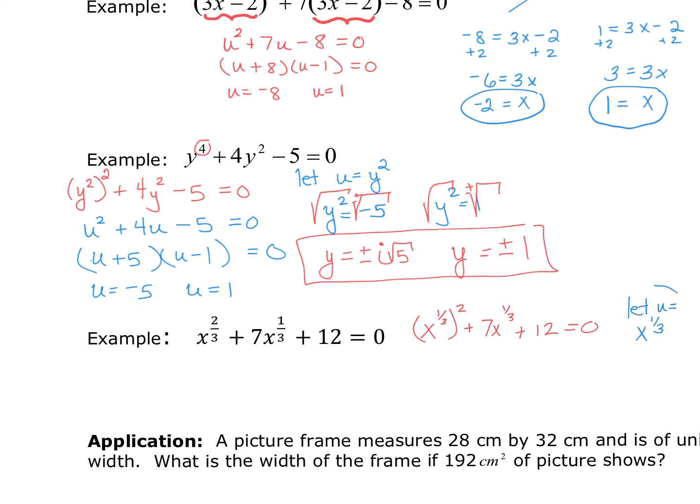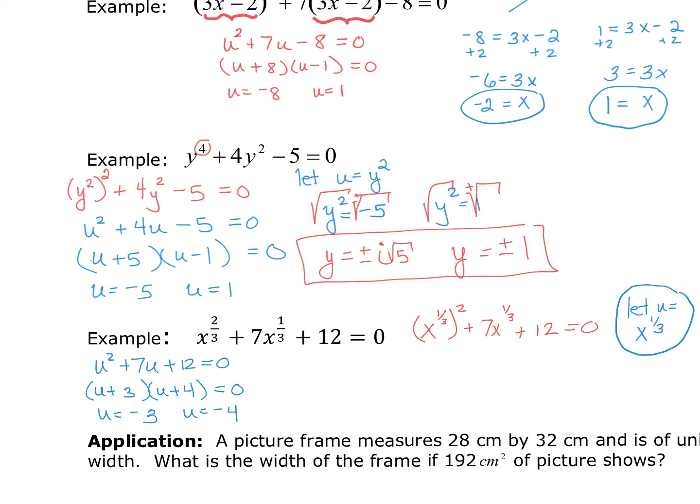I need to say it so that when I am ready to go back and substitute, I know what I substituted for. And the reader also knows. So this is going to give us u squared plus 7u plus 12 equals 0. This factors u plus 3, u plus 4, and we get negative 3 and negative 4 as our answers.